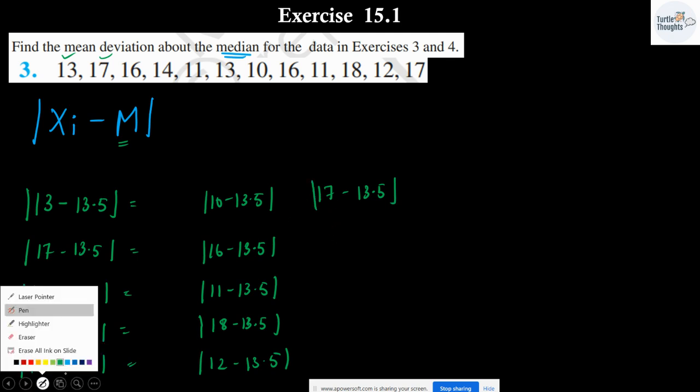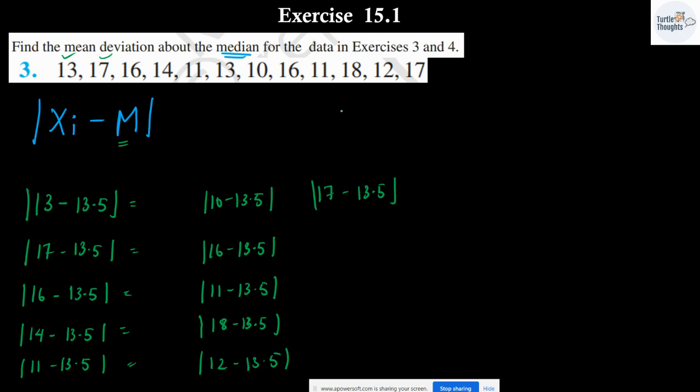Now I should be adding all these numbers to get my mean deviation. Mean deviation is given by 1 over n, summation of i from 1 to n, of the absolute value of xi minus M. Basically I have to add all these values.